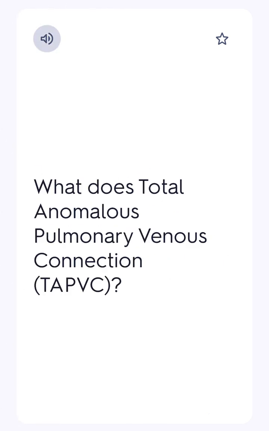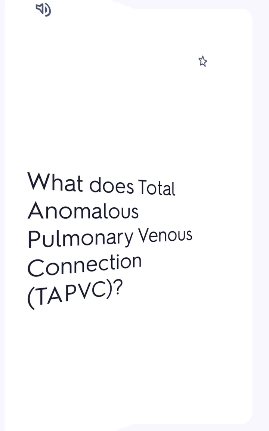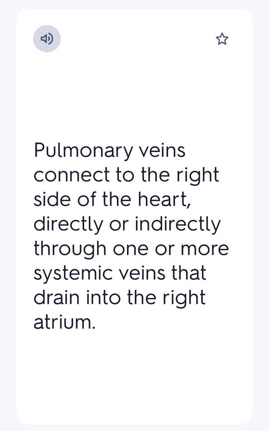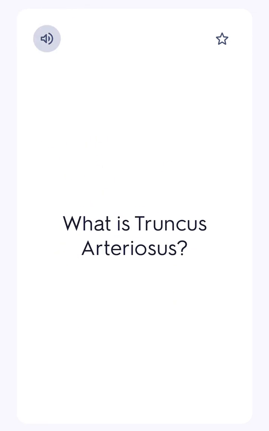What is total anomalous pulmonary venous connection? Pulmonary veins connect to the right side of the heart, directly or indirectly through one or more systemic veins that drain into the right atrium. What is truncus arteriosus?